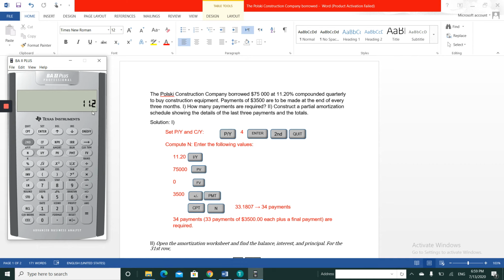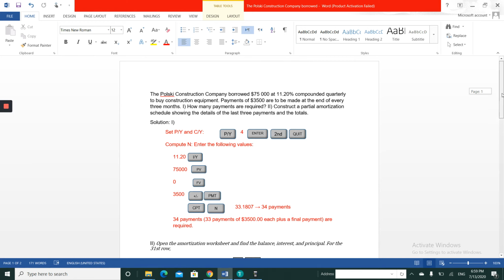Divide 11.2 by 4. It's 2.8%, the periodic rate, in percent form. To convert that to decimal form, divide 2.8 by 100. Now I have the periodic rate, or I, and it's 0.028.